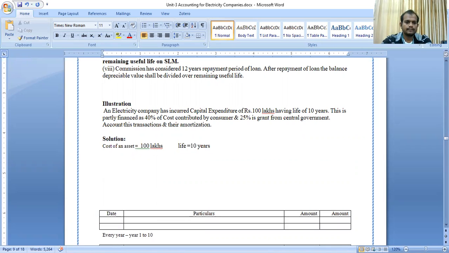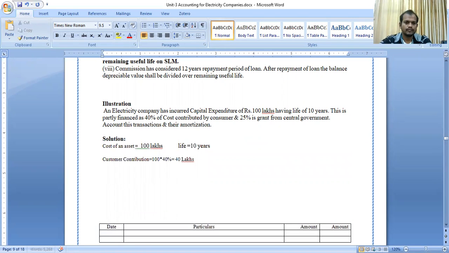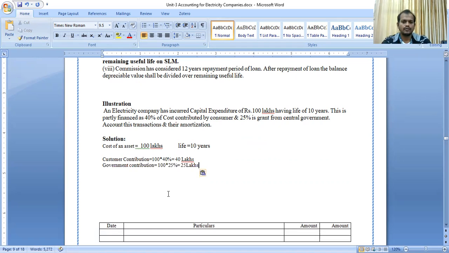And then how much is the customer's contribution? 40%, it comes around 40 lakhs. The government grant is 25%, in the sense 25 lakhs.